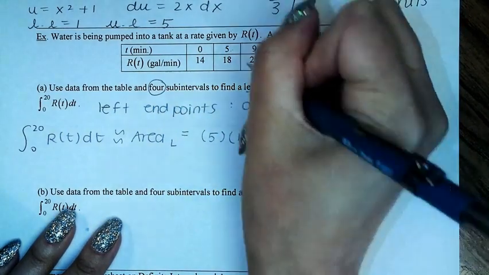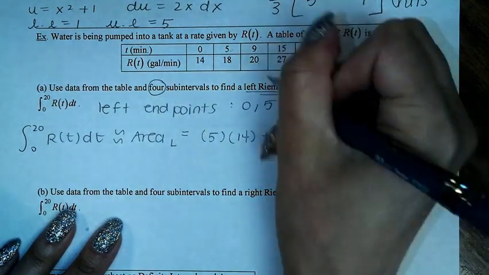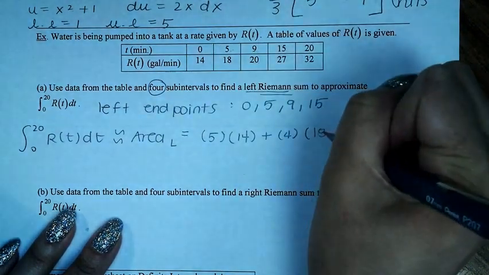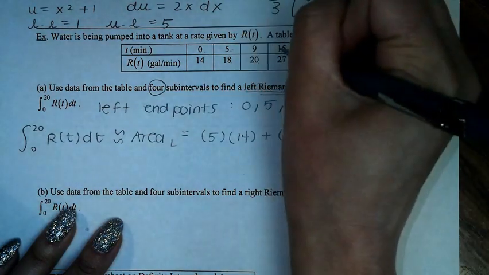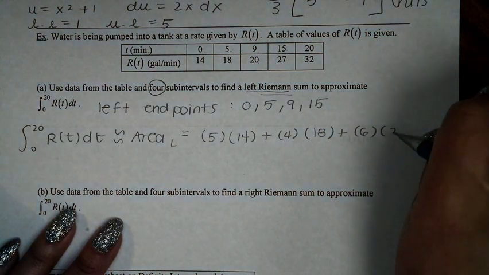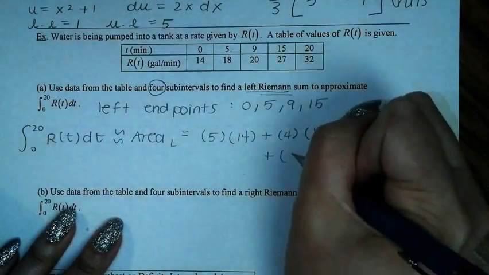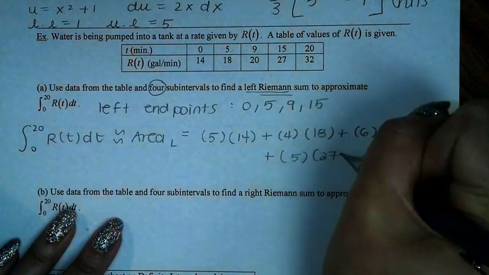Plus then you have that base is going to be 4 times the height is going to be 18, plus then you have that this one is going to be 6 the base times 20, and last but not least you have plus 5 times 27.